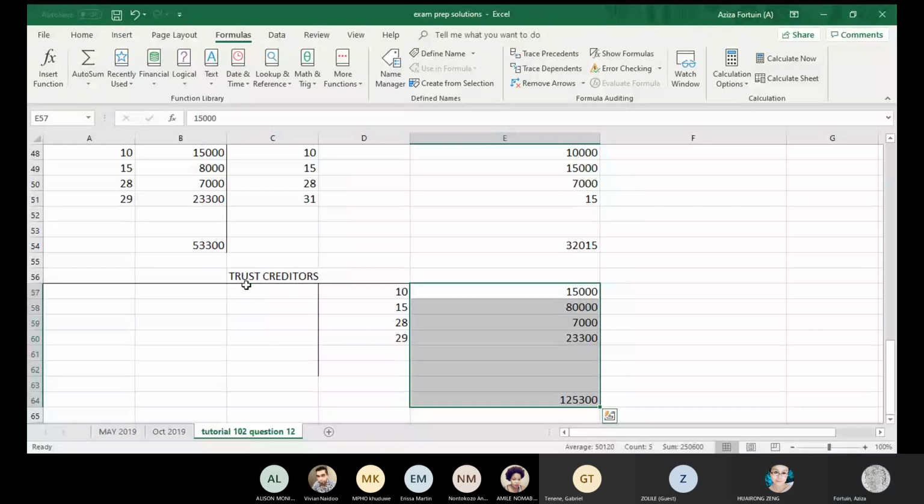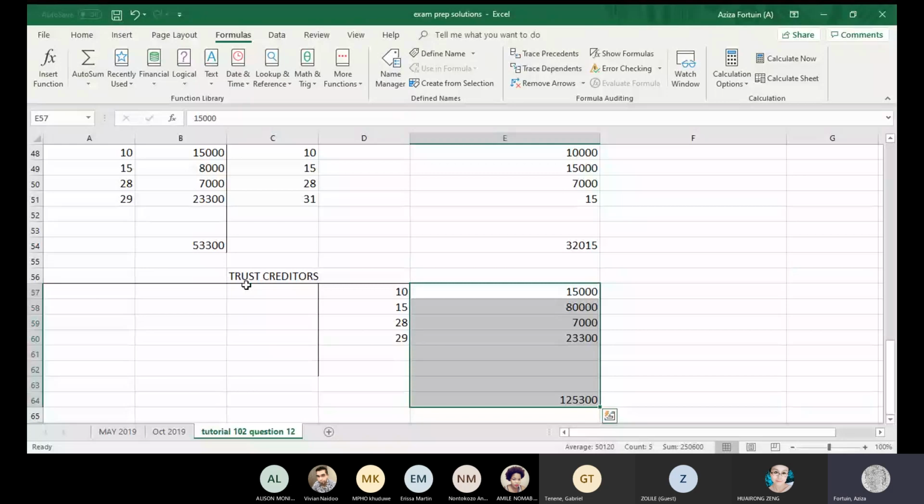What is that? 30,285. So this forms part of my payments, right? It went out somewhere. Let's look at this account here. Where does this amount come from? Who put this in?